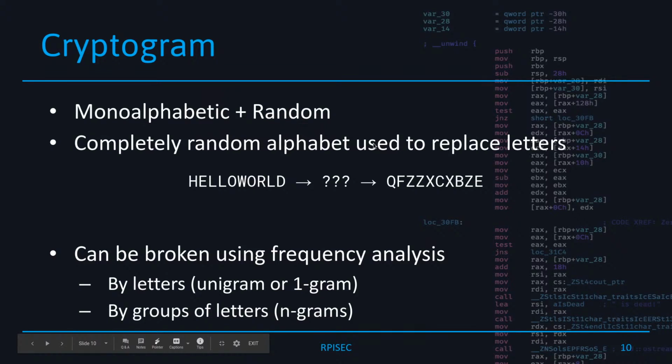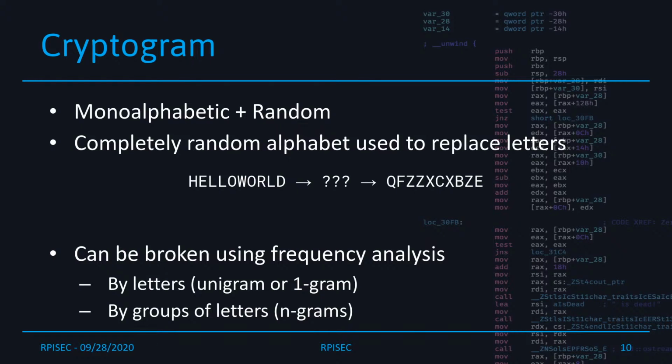So next on the list is a cryptogram. Cryptograms are pretty similar to a Caesar cipher. They're monoalphabetic, but in this case the key that you generate is actually random. So you generate a random alphabet and replace the alphabet used for the plaintext with that random alphabet.